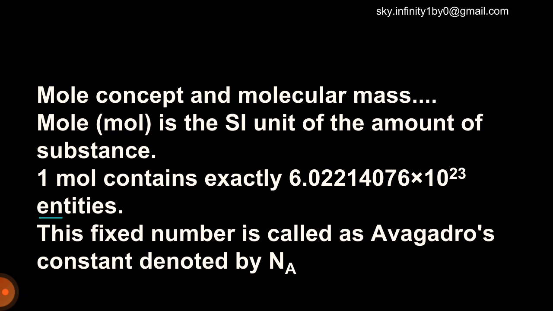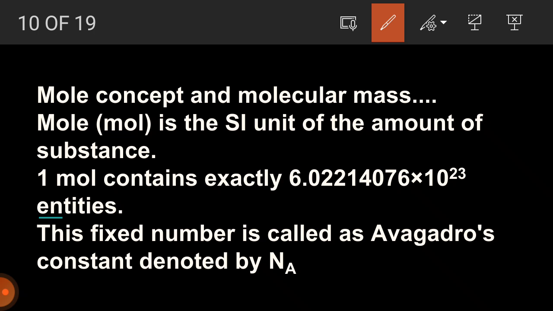Avogadro said that 1 mole contains exactly 6.022 × 10^23 atoms or molecules or any other particles. Hence, this number was called Avogadro's number or Avogadro's constant, and it is denoted by Na. The value 6.022 × 10^23 has to be kept in mind.